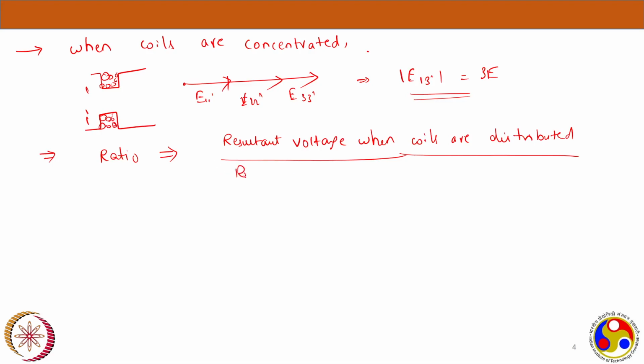The denominator will be the resultant voltage when coils are concentrated. What is the numerator here? What is the resultant voltage we got when it is distributed?